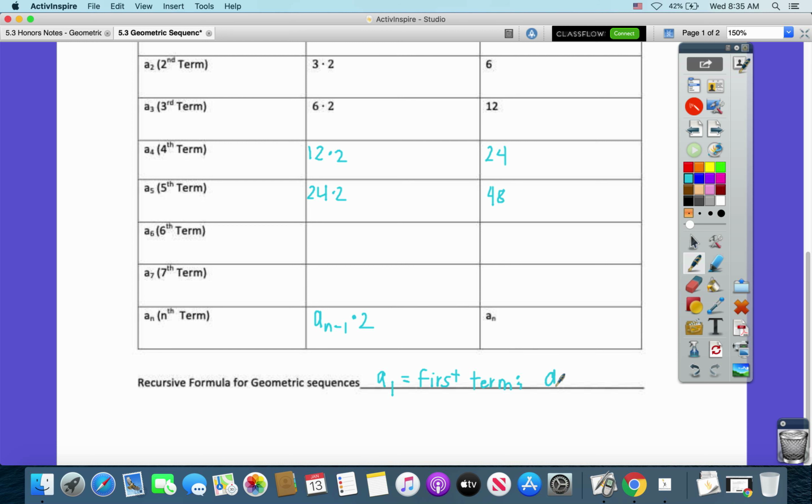To find any term, a sub n, we take the previous term, a sub n minus 1, and we multiply by, in this case it was 2, but in general, any sequence we're multiplying by the common ratio r. Okay, so there is our recursive formula for geometric sequences.